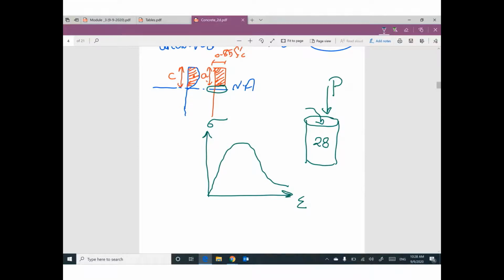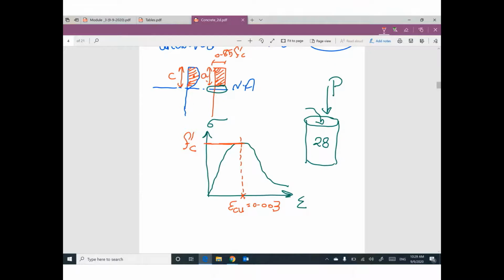The highest value is called F prime C. The corresponding strain for this stress, epsilon concrete ultimate, is 0.003 all the time, something around this value. So ACI decided to take ultimate strain in concrete equal to 0.003.